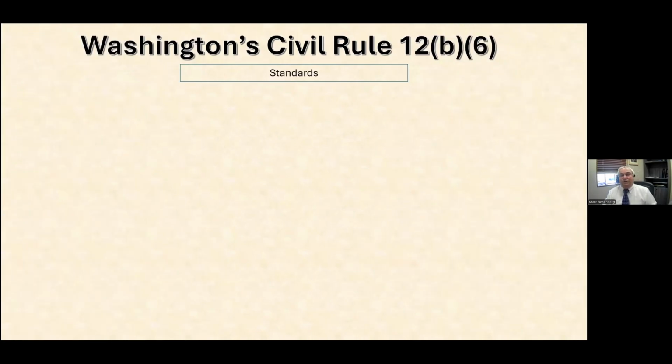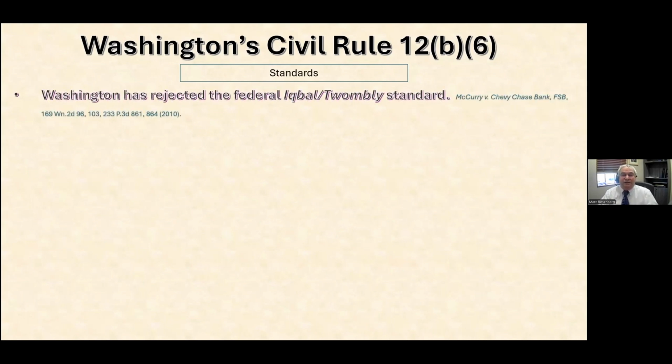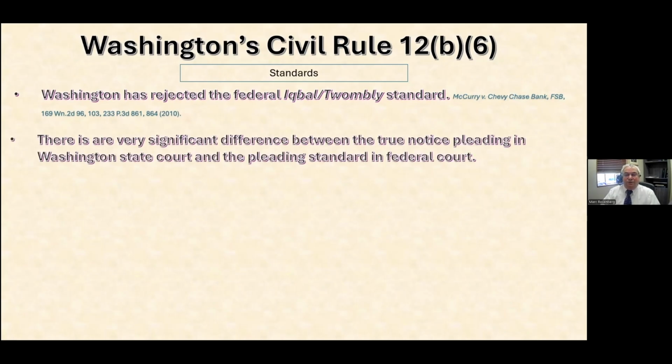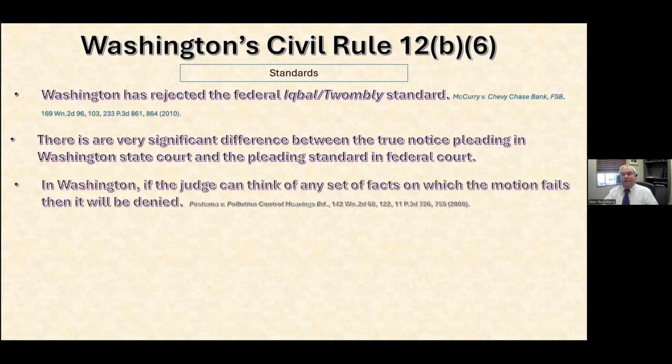And so when we're talking about a 12b-6, as I said, there are certain standards that are applied in state court. Now, Washington has rejected the federal standard, which is plausibility. A complaint has to be plausible in order to withstand a motion to dismiss or a 12b-6 motion. And so it's a very significant difference between true notice pleading in state and federal court. And notice pleading basically is the complaint has to provide a short, plain statement about what your case is about.